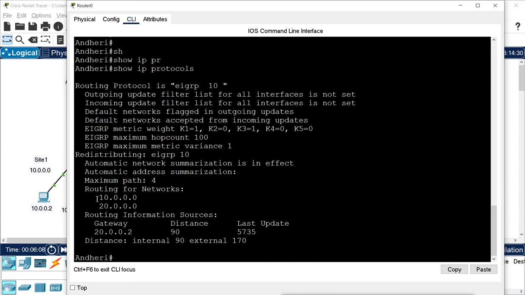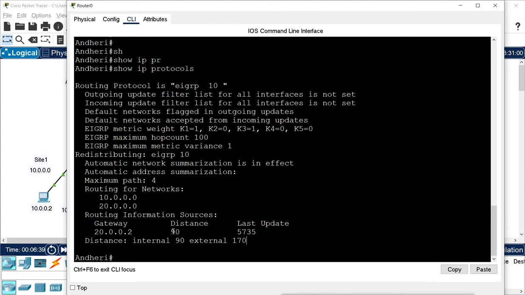Right now it is doing the routing for these two networks. Then for the routing information source, the neighbor is sending information from this IP, and the distance value, the AD value, is 90, with the last update at this time. The internal distance is always 90, and if any network comes from outside of the autonomous system, it will show an AD value of 170.